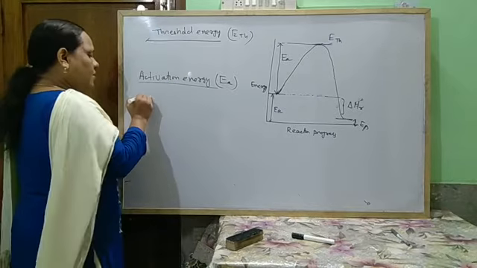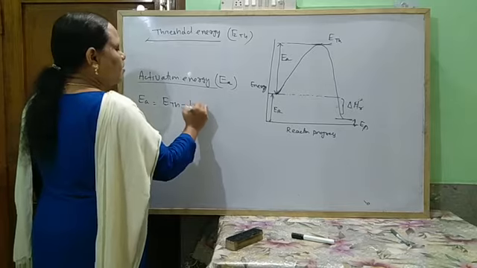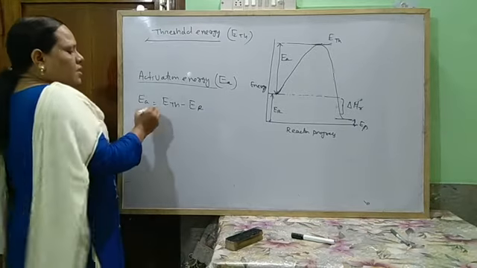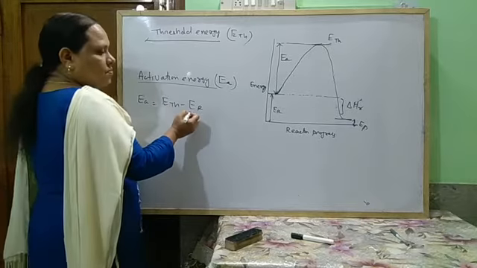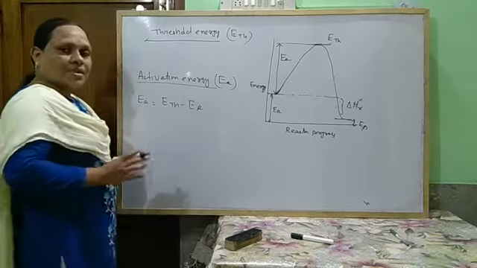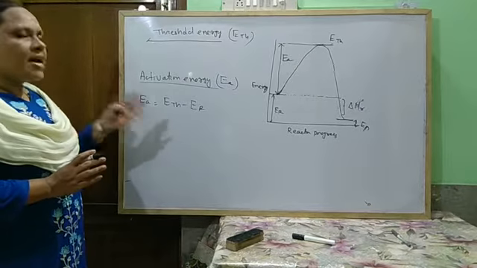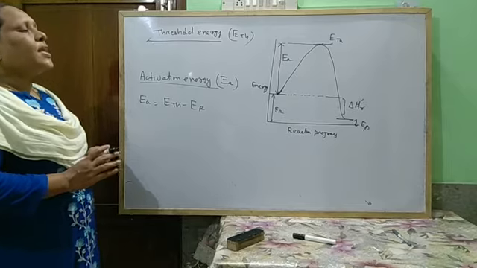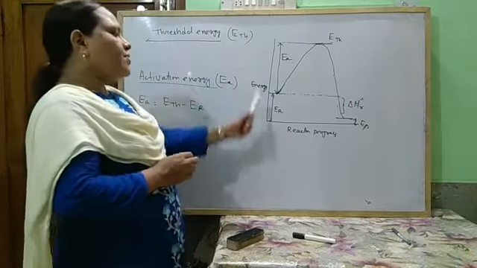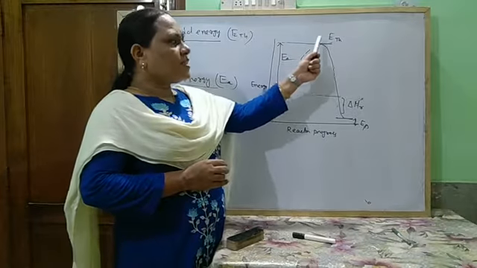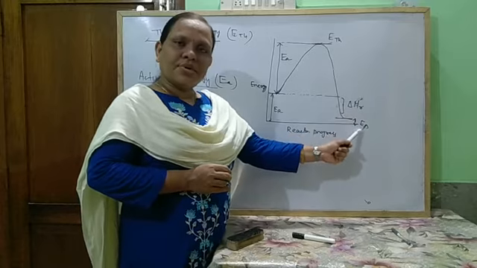So here EA equals ETH minus ER. The energy of activation equals the threshold energy minus the energy of the reactants. Another way: if we consider a reversible reaction, the reactant molecules possess threshold energy, then the reaction starts and forms the product.